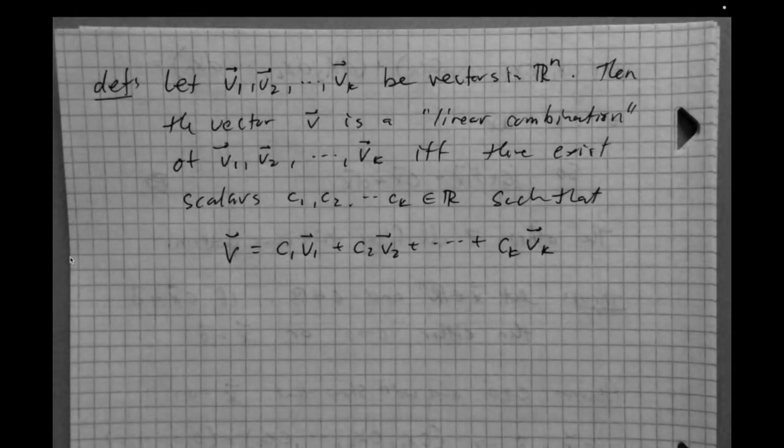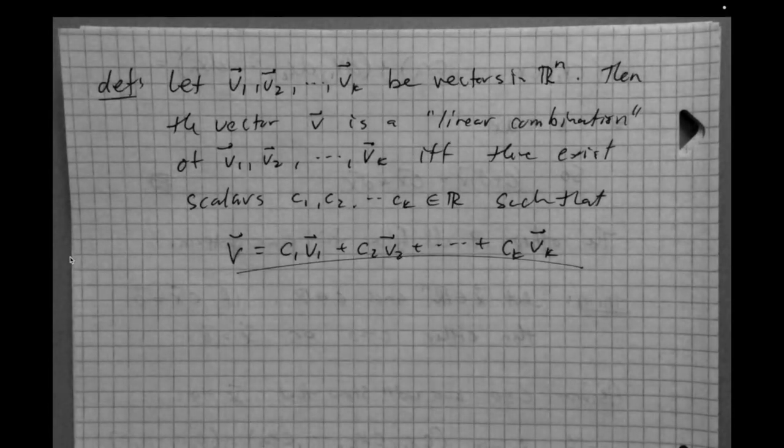So v is a linear combination of these k vectors if and only if I can find a handful of scalars such that I can do the sum product here.